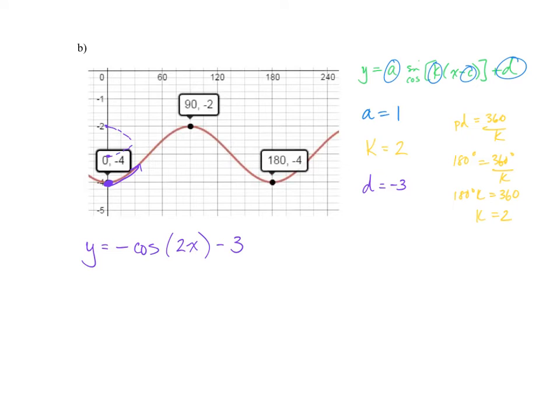Now I need to come up with a sine curve though. If I build my sine graph, that wouldn't change my amplitude, so I know I'm going to have a sine value with a coefficient of 1. It doesn't change my period, but it will require a phase shift. This sine curve, if I was to sketch it, would start in the middle and rise.